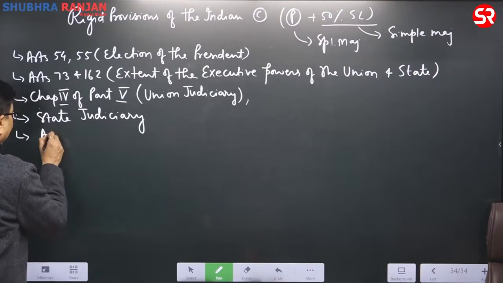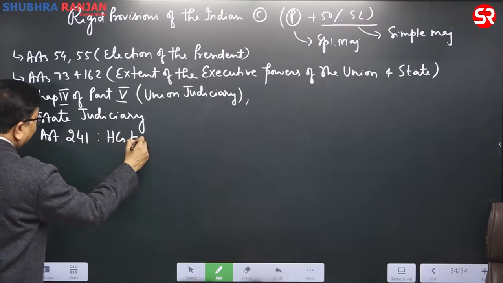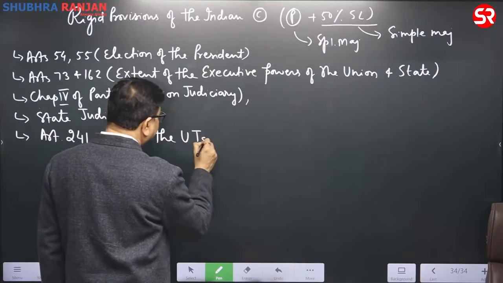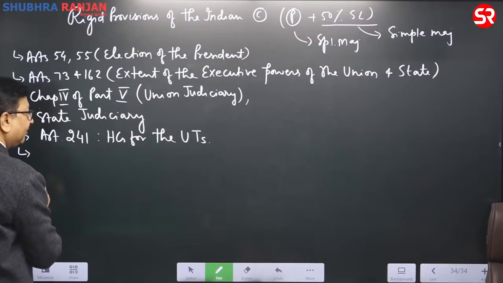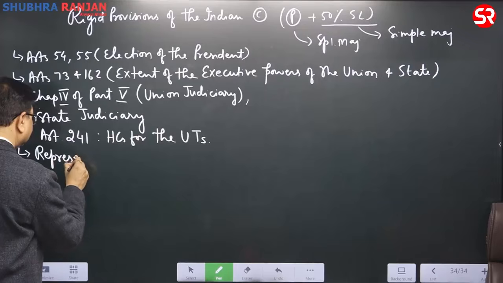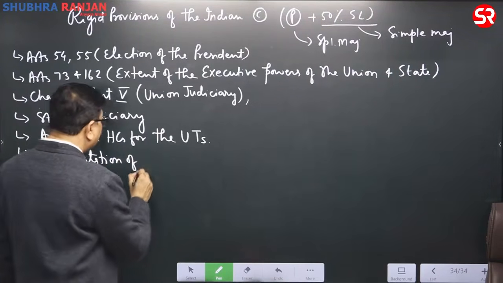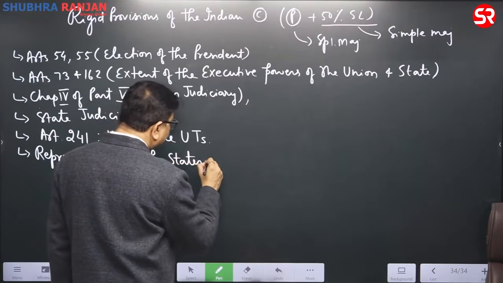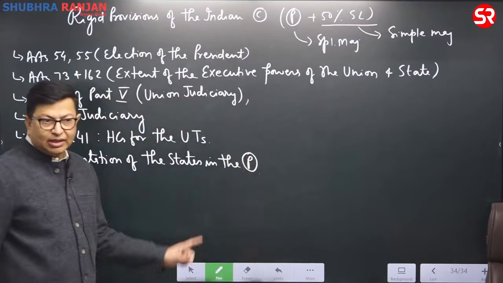Then article 241, high courts for the union territories. Then representation of the states in the parliament.